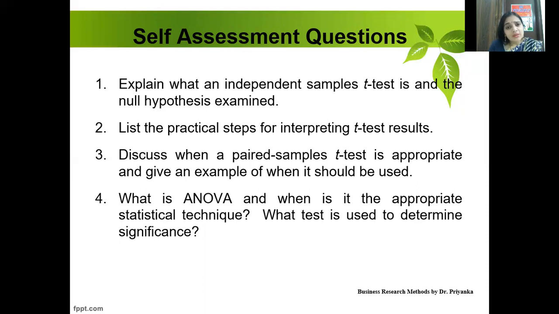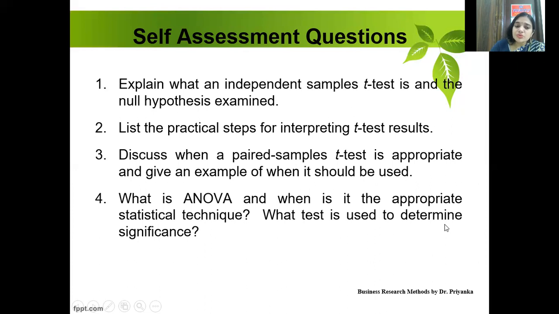You might want to check whether the company's profit has improved over a year or not, right? So that is a kind of paired sample t-test, because these two groups are related. Now you are comparing the groups on the basis of time, right?